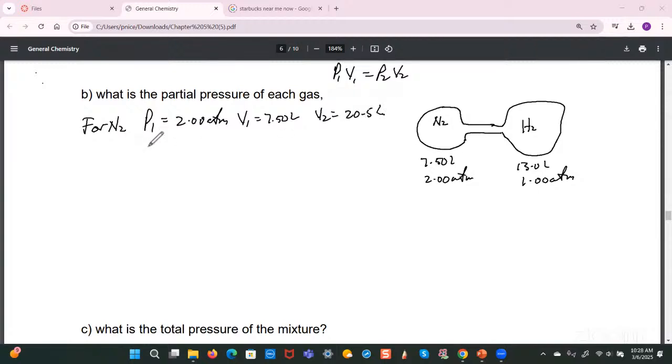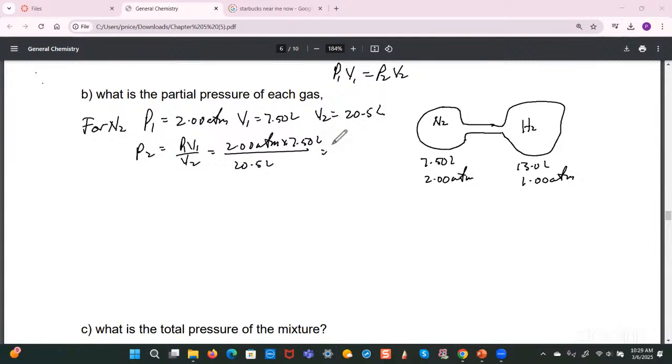So therefore, P2 would be equal to P1 V1 over V2. So that would be 2.00 atmospheres times 7.50 liters, all divided by 20.5 liters. So let's see what that means.